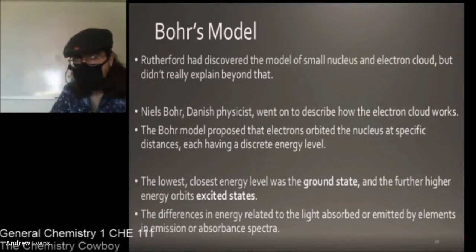And in terms of electrons, electrons can actually jump between these orbits. They can jump between these energy levels. The lowest energy level that is available is called the ground state. But any further energy level will be at higher energies and thus will be excited states.